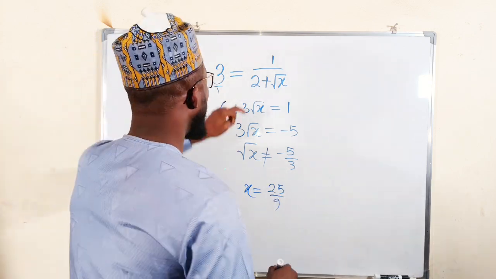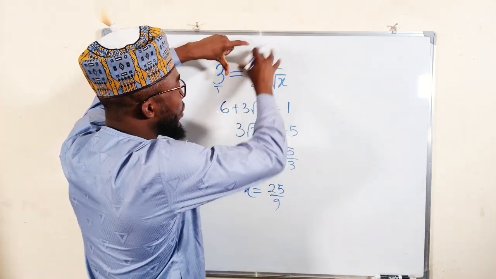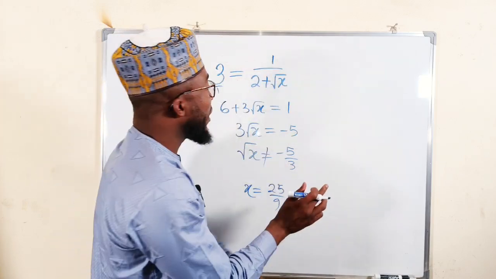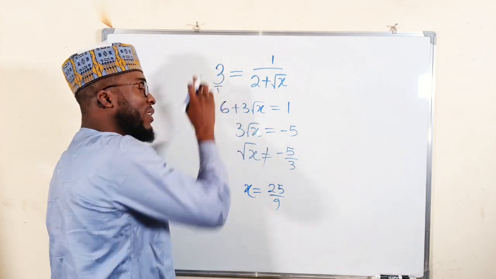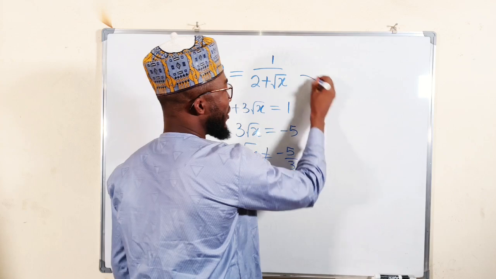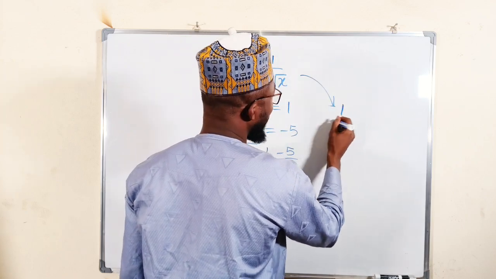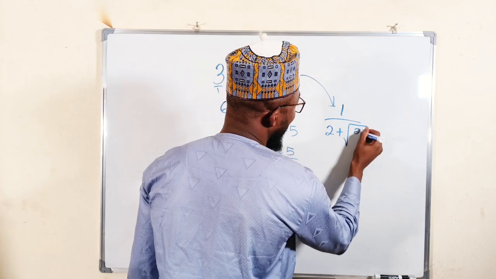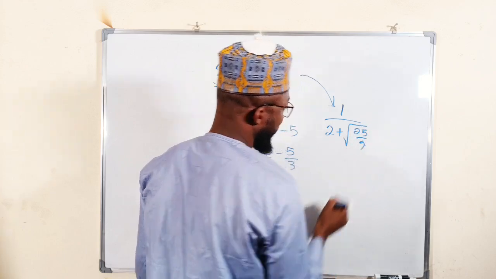Let's do that. For example, we want to simplify the right-hand side, substituting x equal to 25 divided by 9 to see whether we are going to get 3, which is exactly on the left-hand side. So if I take this one, it will be 1 divided by 2 plus the square root of 25 divided by 9.